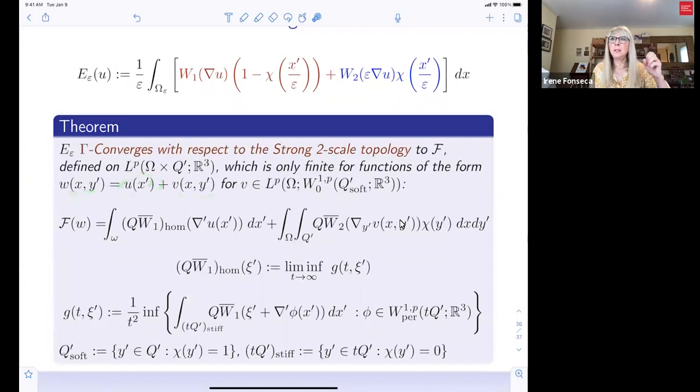U is basically the macroscopic variable, okay? That's what happens basically if you integrate on the fast variable, right? And then this is what sees the oscillations. So you're going to basically decouple the two. And the first part, well, this was the stiff part.